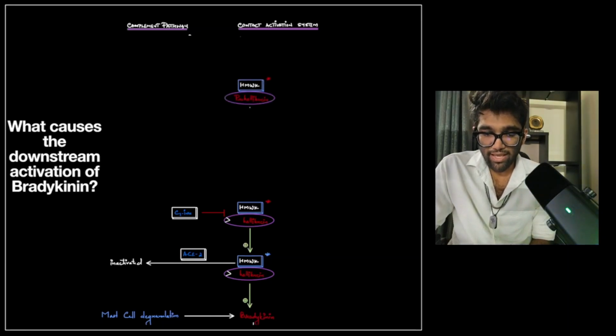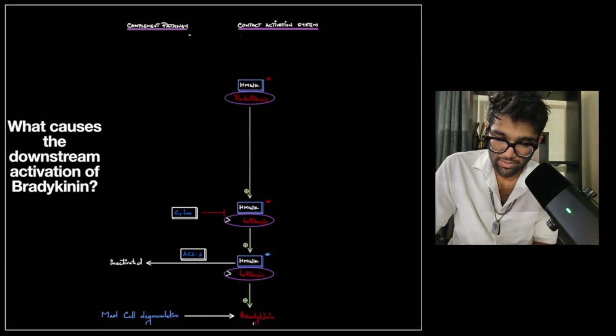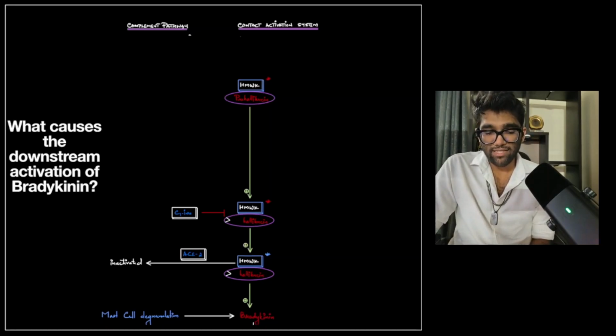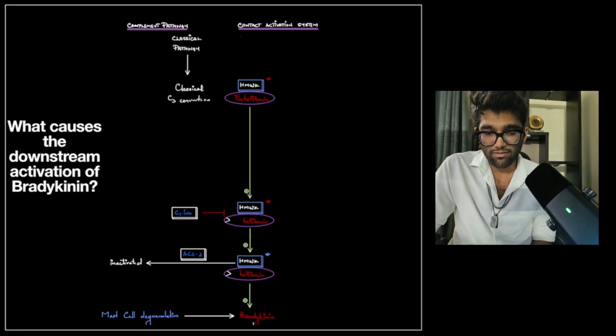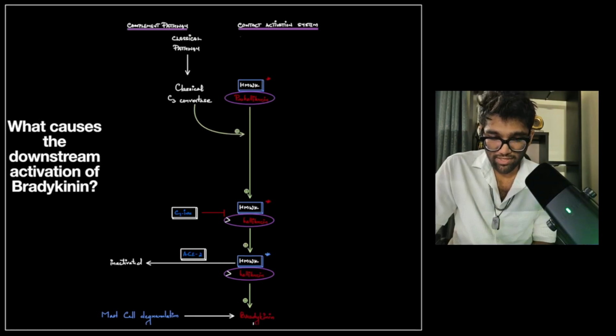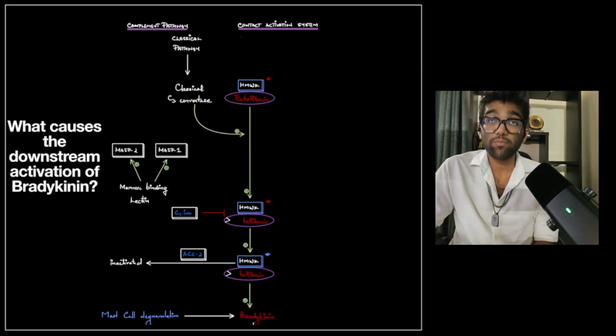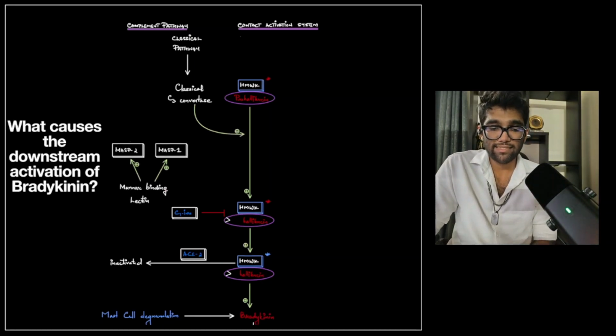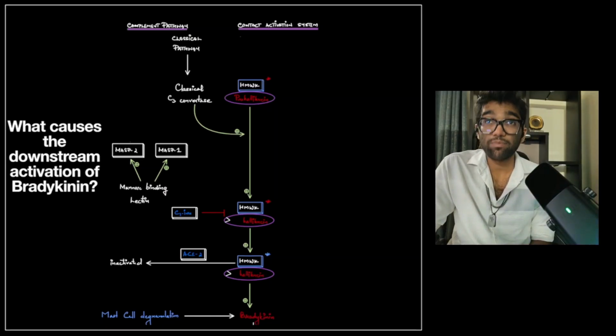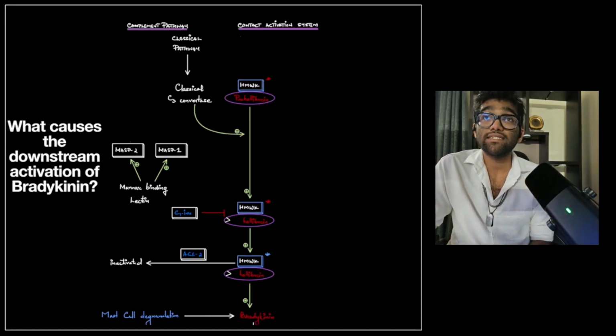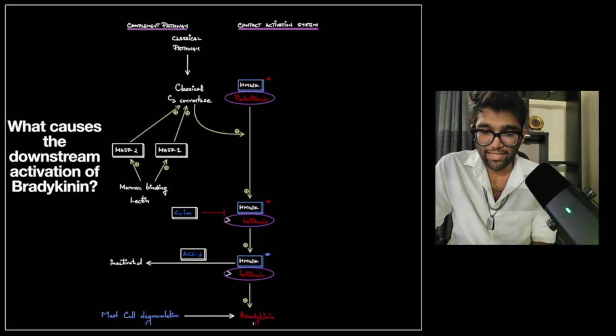This process can be activated by multiple mechanisms. Prekallikrein is converted to kallikrein by the classical complement pathway, as I've just described. The classical complement pathway produces the classical C3 convertase complex, and we'll be discussing the classical complement pathway in my upcoming series on fundamental immune mechanisms. Essentially, that complex converts prekallikrein to kallikrein, resulting in activation of that complex.